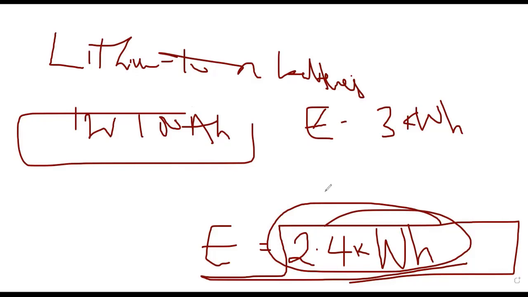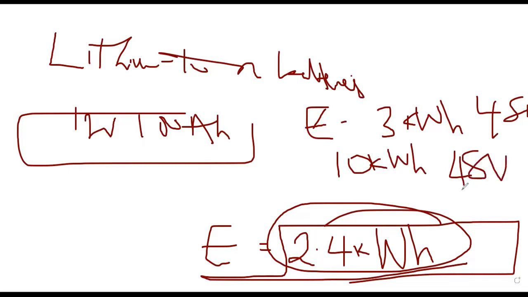They will tell you it's a 3 kilowatt hour battery, 48 volts. Or they can say it's a 10 kilowatt hour battery, 48 volts. Gentlemen, you understand what this means? That means the system voltage it is designed to work with is what? 48 volts.